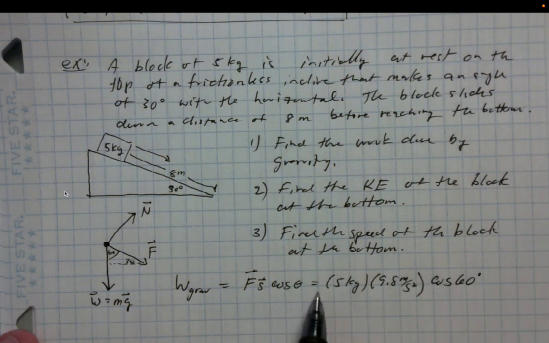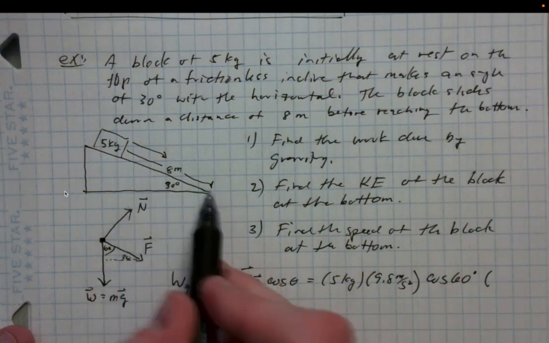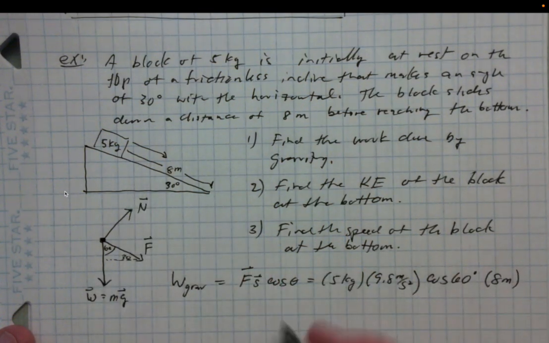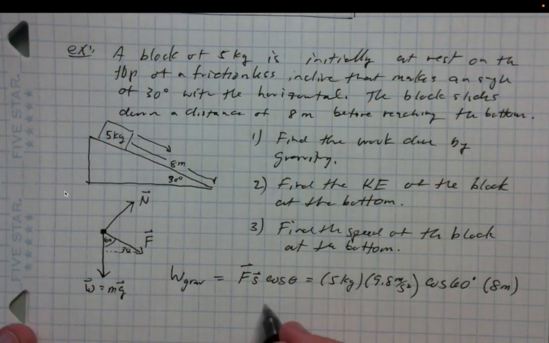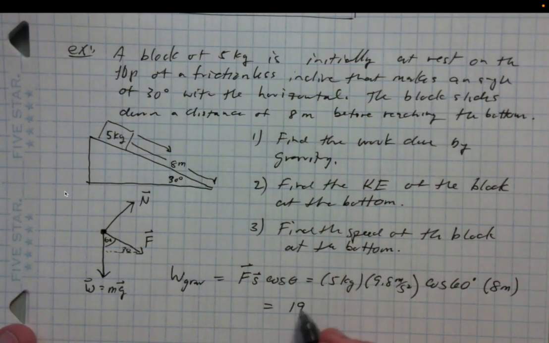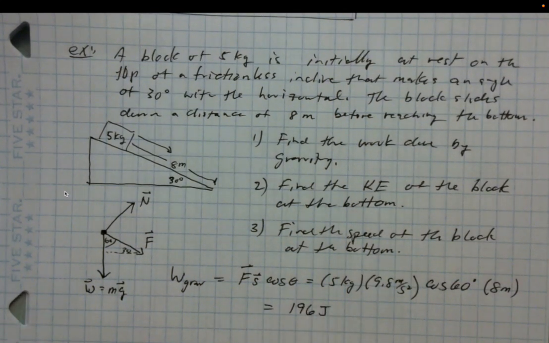And then S is the displacement, which is the 8 meters that the block is dragged through. So you multiply all this together, you get 196 joules.